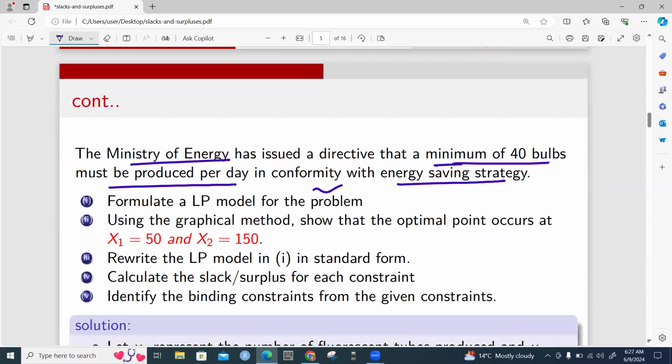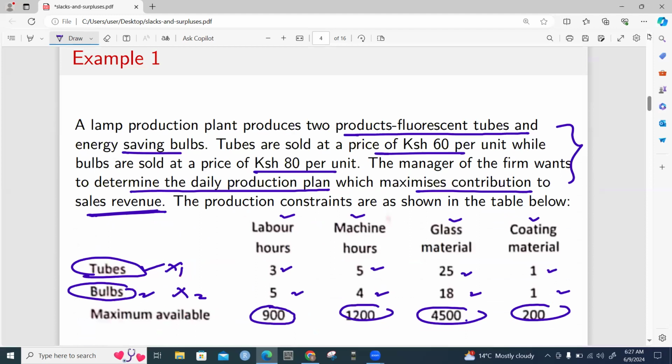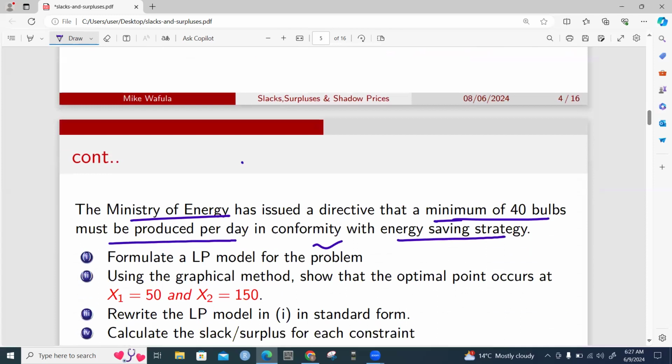If a fluorescent tube is sold at 60 shillings and an energy-saving bulb at 80 shillings, then the objective function is a maximization of the form 60x1 plus 80x2.